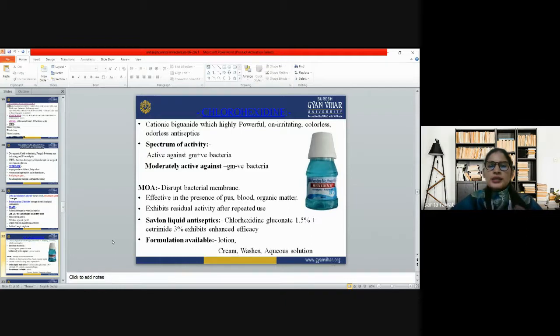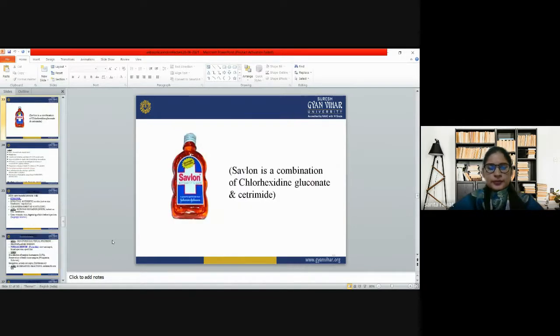Then Savlon is a liquid antiseptic, for example, containing chlorhexidine gluconate 1.5% plus cetrimide 3%. It exhibits enhanced efficacy. Now we have formulations, that is lotions, creams, washes, and aqueous solutions. So those are all examples of chlorhexidine.